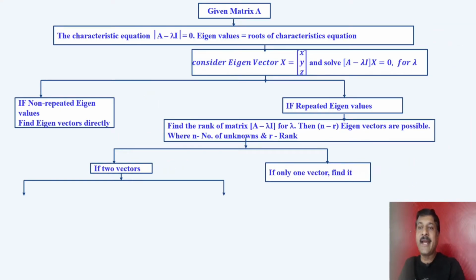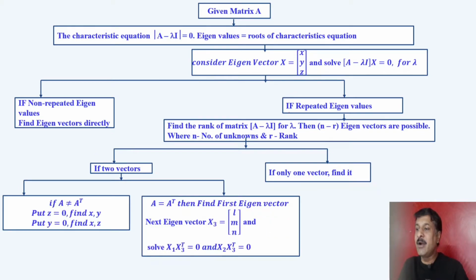If repeated eigenvalues, find the rank of A minus lambda I for that particular lambda, then n minus r eigenvectors are possible. When n equal to number of unknowns and r equal to rank, then n minus r eigenvectors are possible. If only one vector, then find it directly. If two vectors, then we have to check whether the given matrix is symmetric or unsymmetric.